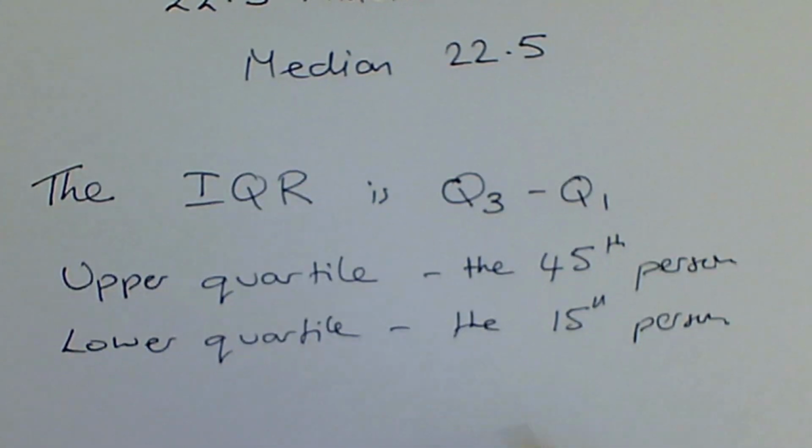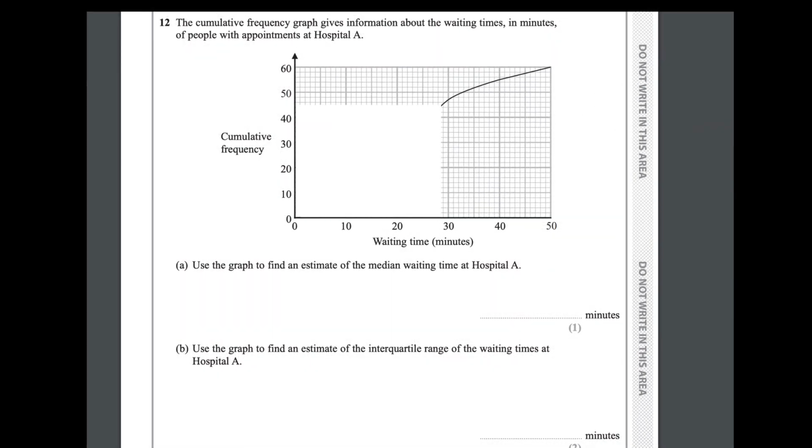I'm going to get a bit of paper and put it onto my graph, and read off the 45th person, until it hits the graph and comes down, and it looks to me about 28.5. You might disagree with that, but for me it's about 28.5.